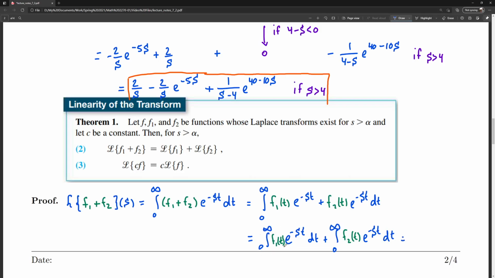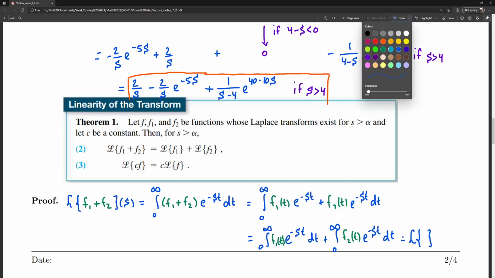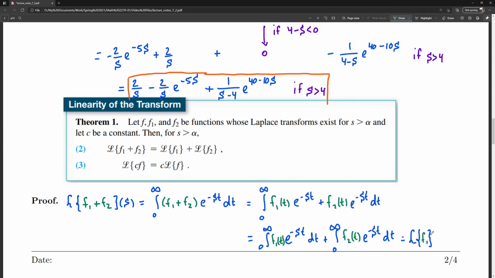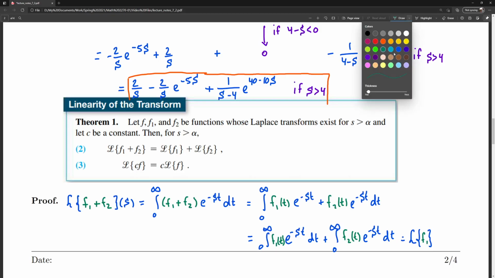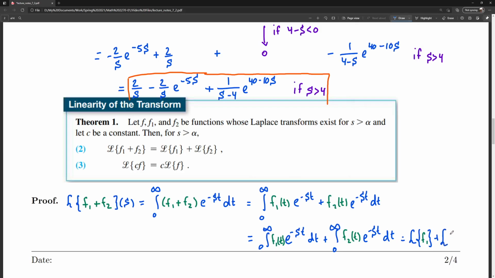And what you'll see is that this is the Laplace transform of f1, so that's L of f1, and then plus the Laplace transform of f2. And so that proves the first part of theorem 1, and the second part of theorem 1 is proven in a very similar way. We'll do some examples with this in the next video.